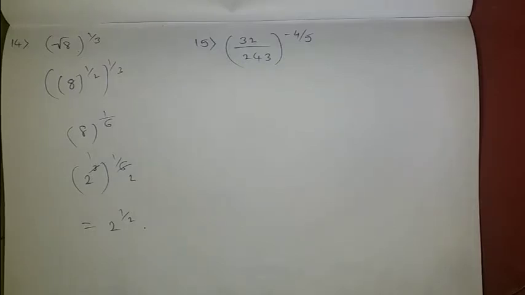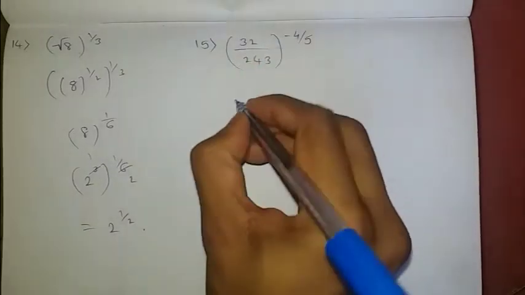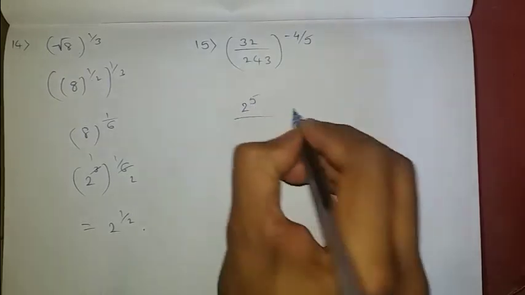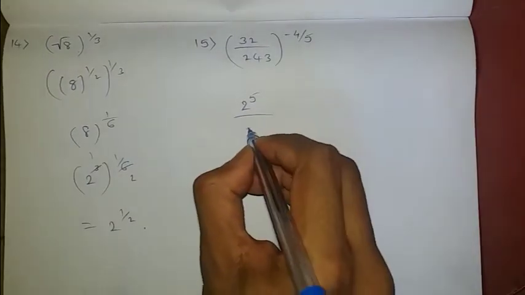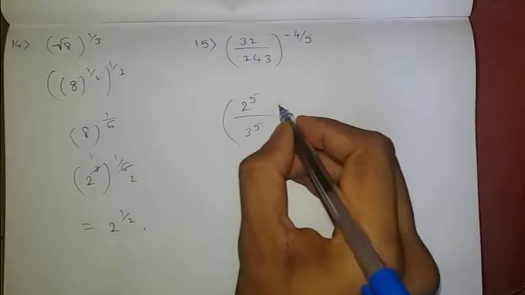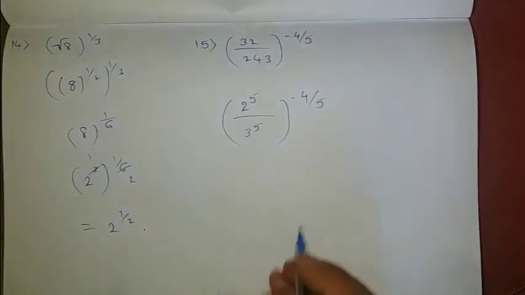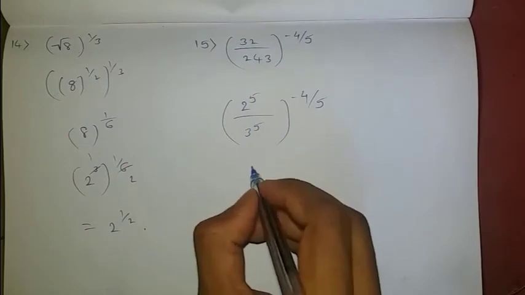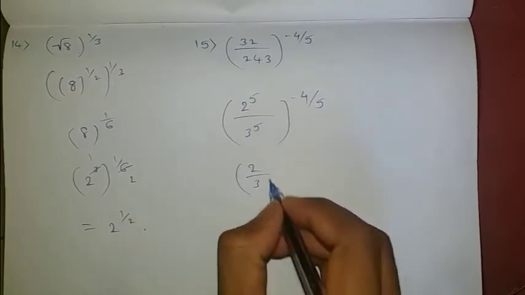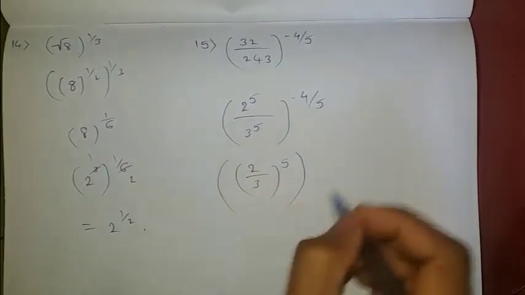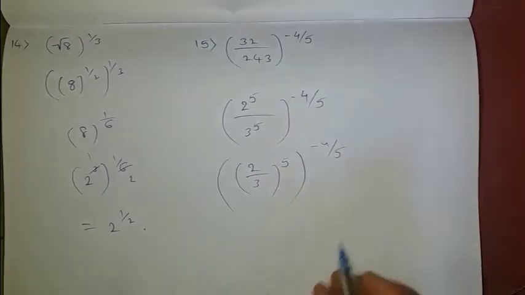Okay, let's move to the next question. 32 divided by 243 whole power minus 4 by 5. So 32 can be written as 2 power 5, and 243 can be written as 3 power 5, whole power minus 4 by 5. 2 power 5 divided by 3 power 5 can be written as 2 by 3 whole power 5, whole power minus 4 by 5.